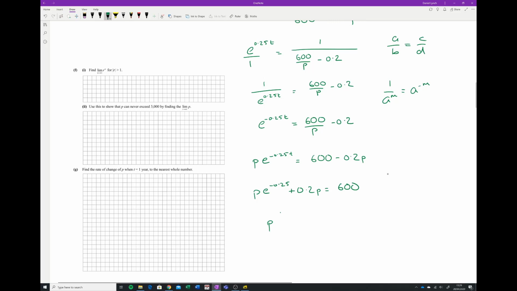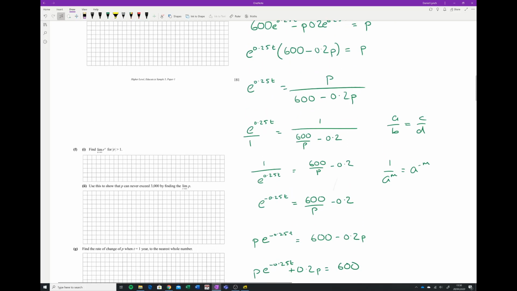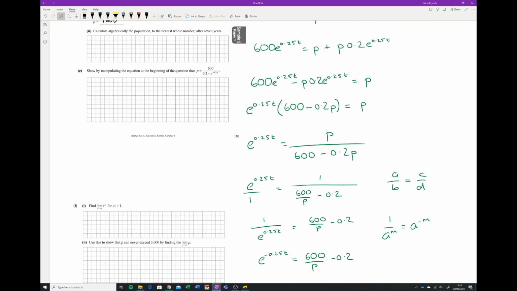So we have p times e to the minus 0.25t plus 0.2. There we go, that's the thing that we want. P is equal to 600 over e to the minus 0.25t plus 0.2. So there you go. P has popped out, and it's exactly what we wanted it to be.